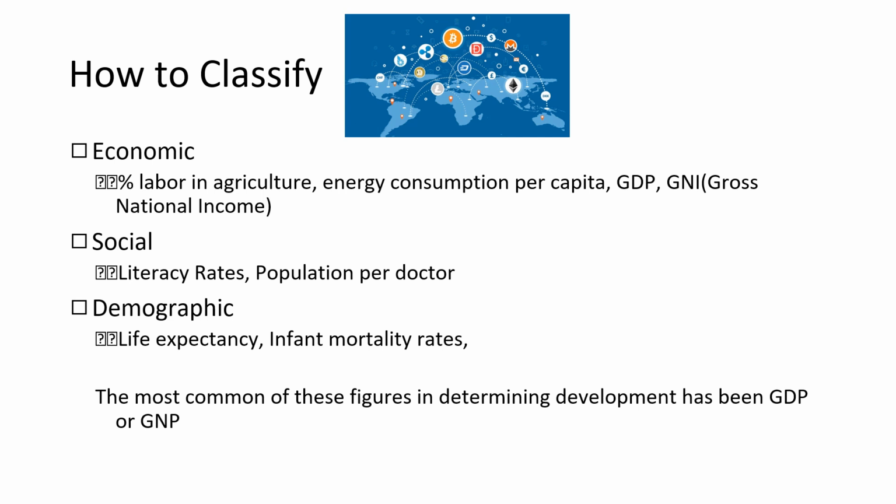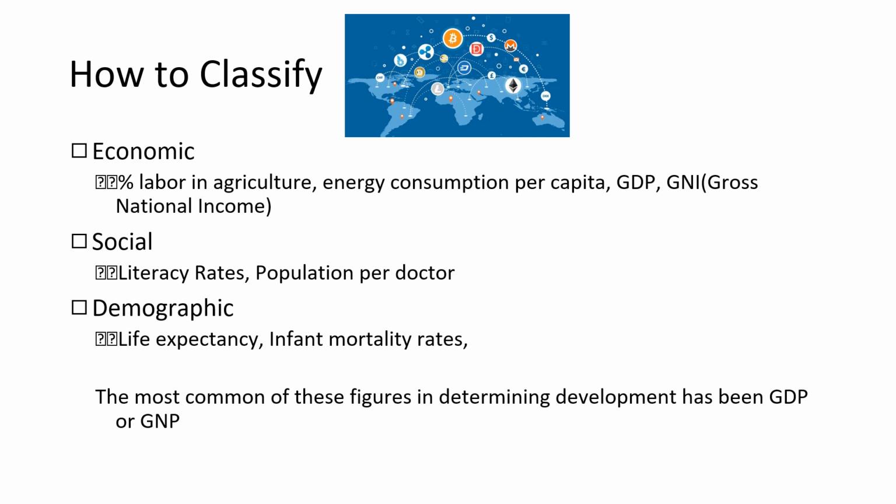In terms of social development, literacy rates, so again the number of people who are reading, as well as the population per doctor may also tell you a lot about development within that country. And then finally, demographic development. So just in terms of looking at the population itself. Is life expectancy rising?